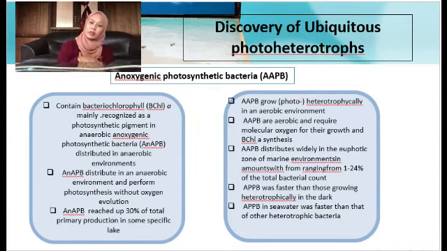AAPB use oxygen for growth and bacteriochlorophyll for synthesis. AAPB are widely distributed in the euphotic zone of marine environments. AAPB grow faster in the dark, and AAPB in seawater grow faster than other heterotrophic bacteria.